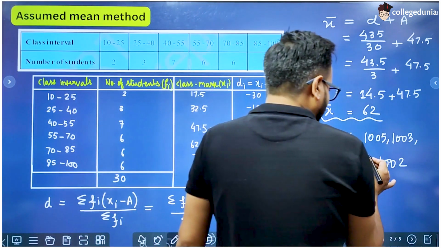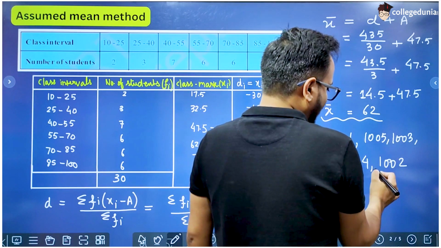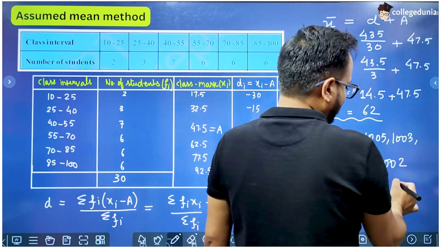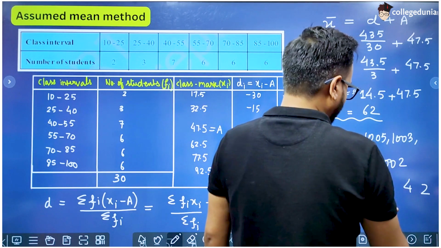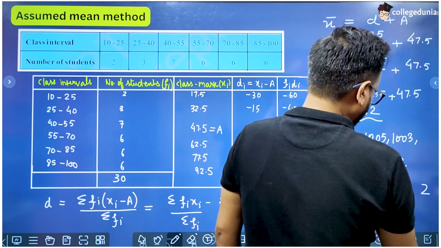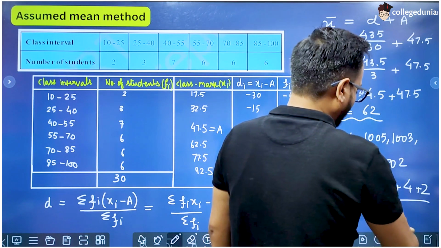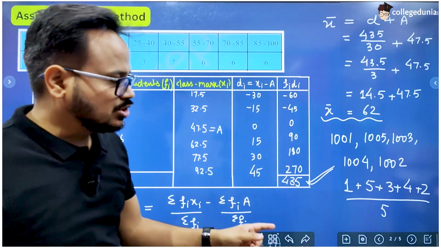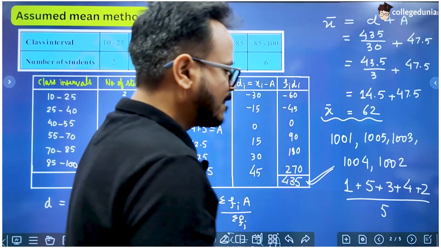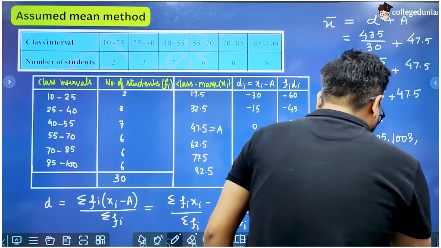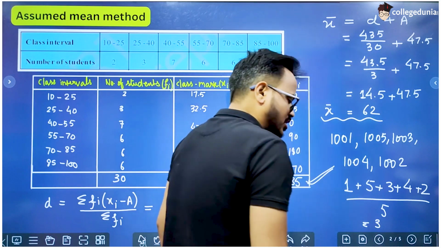So this will be 1, this will be 5, this value is 3, this value is 4, this value is 2. So we will find the mean of these new values, right? The sum is 5 plus 1, 6 plus 3, 9 plus 4, 13 plus 2, 15. So the mean of these values is 15 by 5, that is 3.